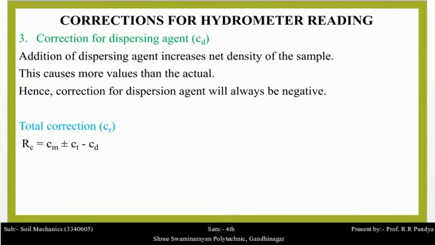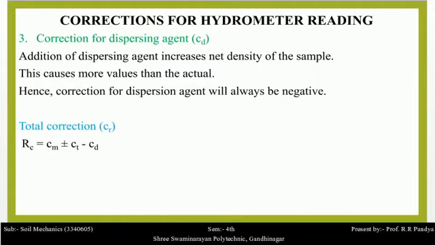The third one is correction for dispersing agent, which is denoted by Cd. Addition of dispersing agent increases the net density of the sample. This causes a reading more than the actual. Hence, the correction for dispersing agent will always be negative.